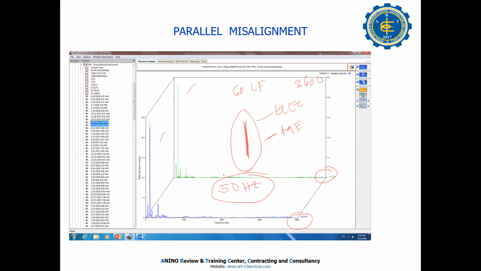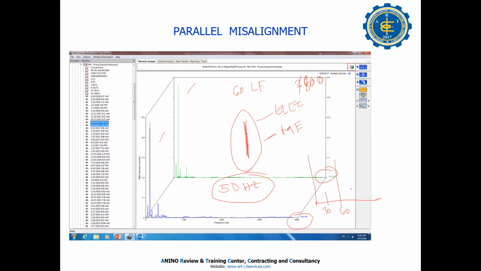If 1X is 60, then 2X is 120. If you have a 60 hertz spectrum and you see the same spectrum at 120, you can say that's an electrical fault.